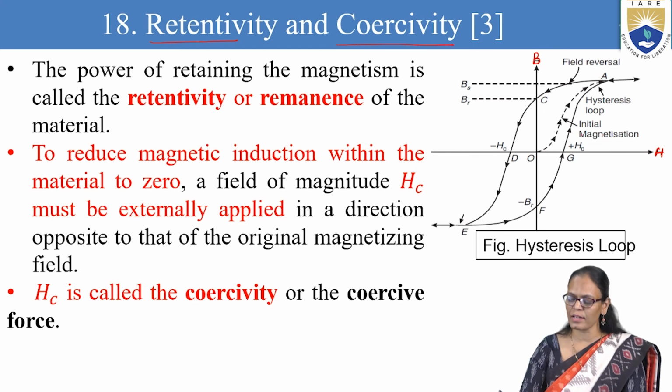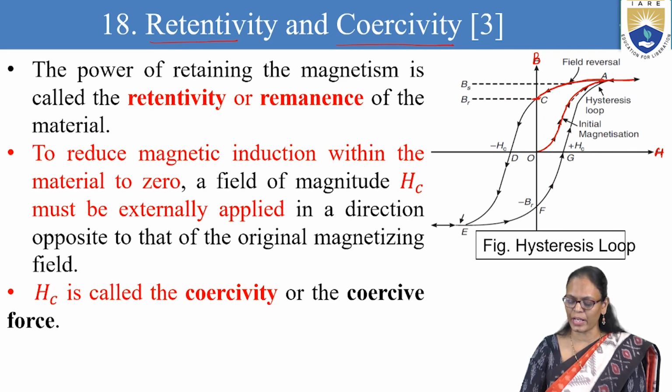As the applied field increases, the magnetic induction slowly increases, then rapidly, and reaches the saturation point. But when we withdraw the magnetic field, it traces a different path, that is AC. And this point C is the point of discussion. What is happening at C?